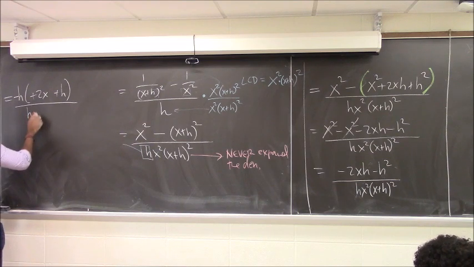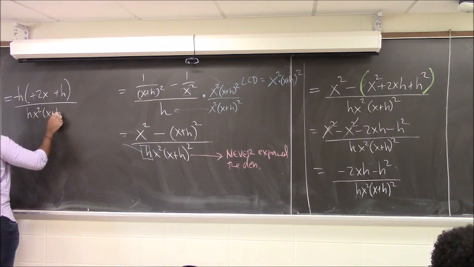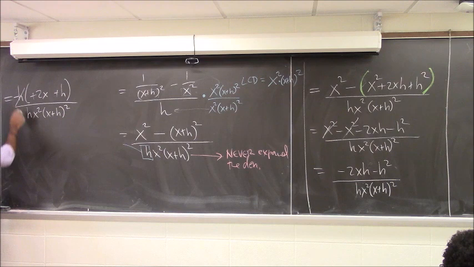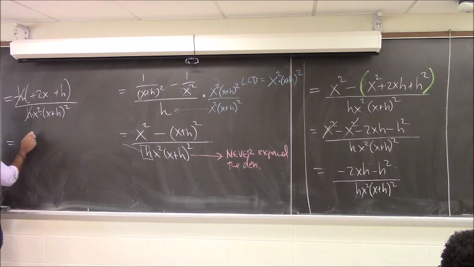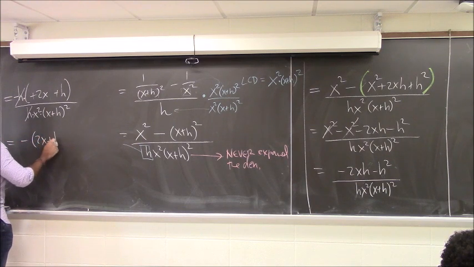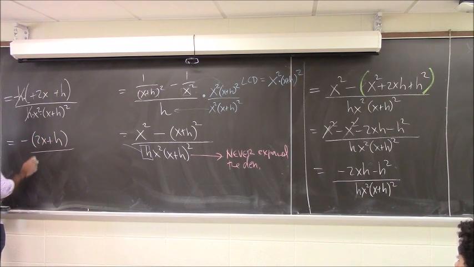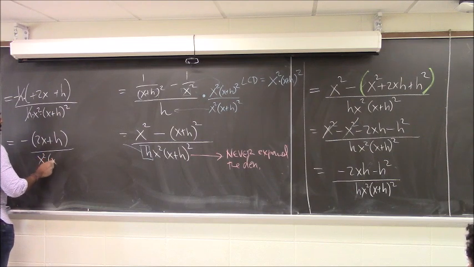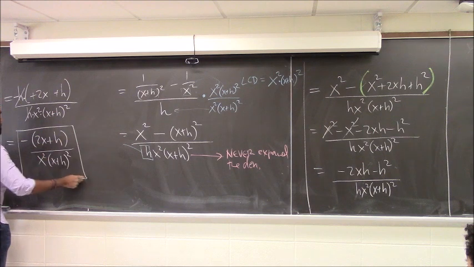Over, now h x squared times x plus h squared. Now the h's can cancel because everyone is multiplying together. So now I have minus 2x plus h over x squared times x plus h squared. And that's pretty much the simplest you can get.